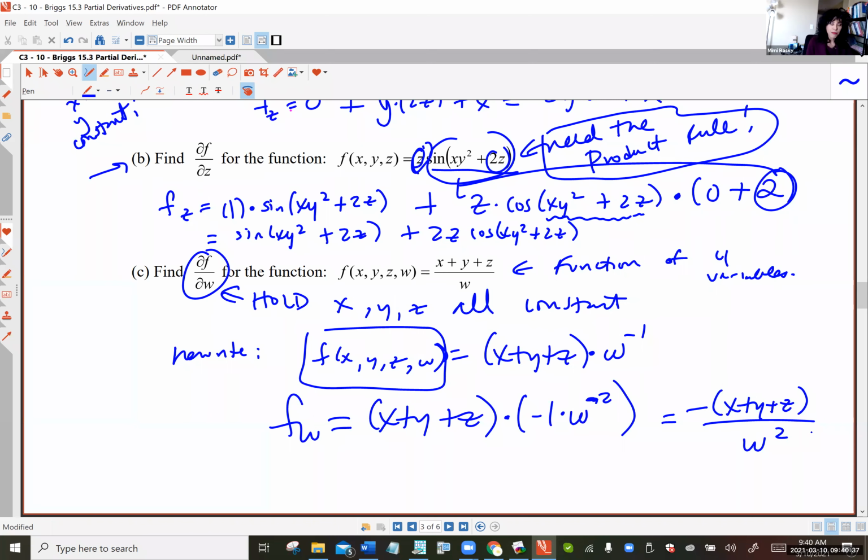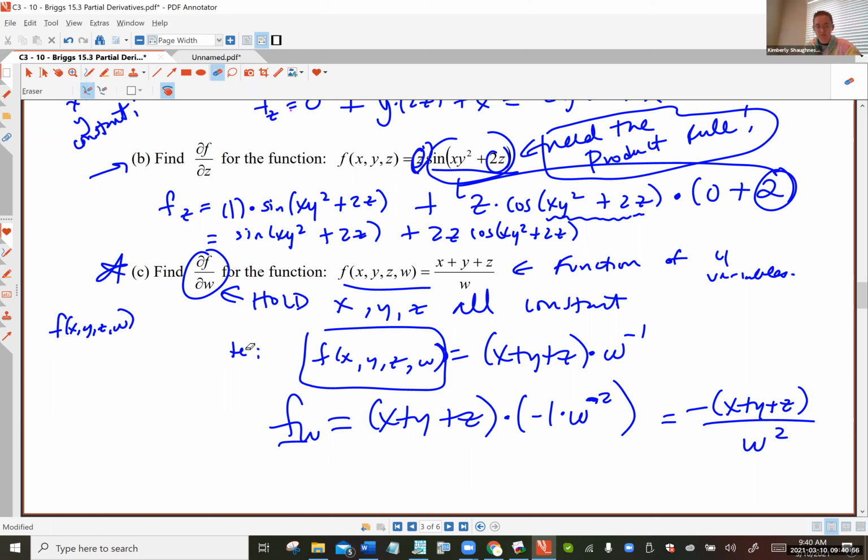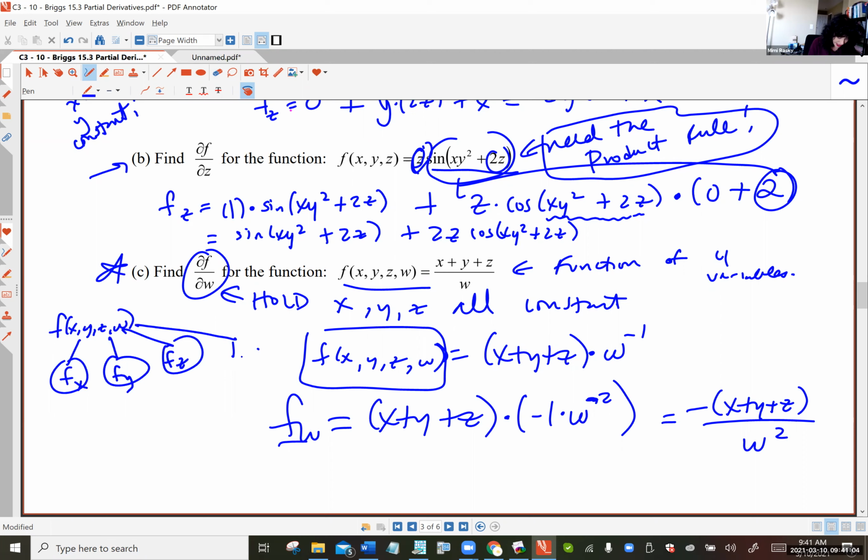Now, how many partials total, first partials, does this function in letter C have? Like, here's the parent. How many first partials total does he have? We know he's got FW, so that's 1 of how many? 4. 4 total. Very good. Because you've got FX, which they didn't ask us for. You have FY, you have FZ, and you have FW.